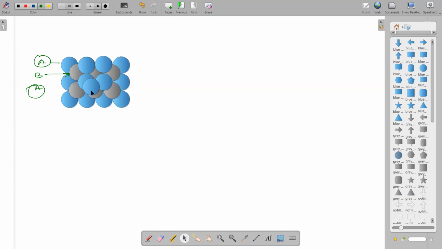Correct? So you can make this type of arrangement. And then you will let me know what the unit cell is, what the Z is, and different things. The unit cell you will be making will be like this. Let me just make it.